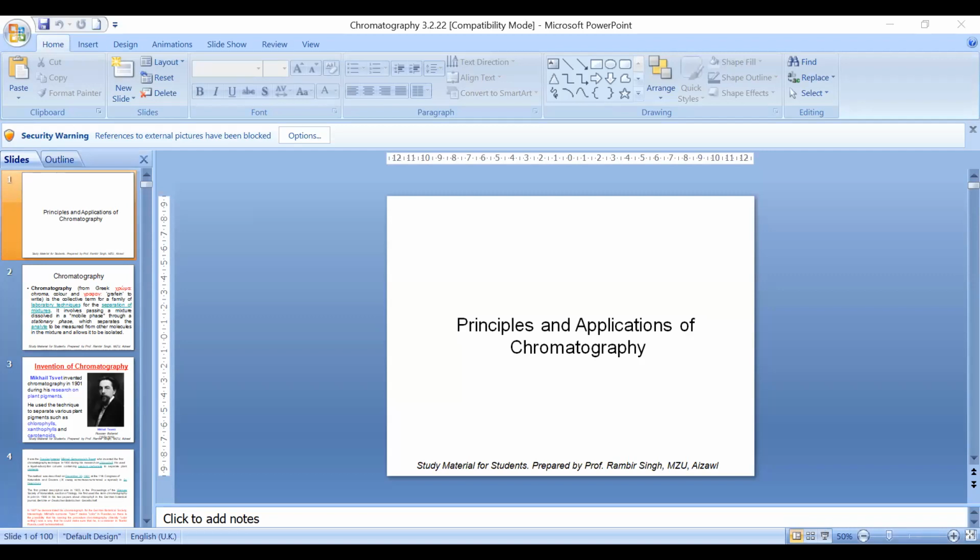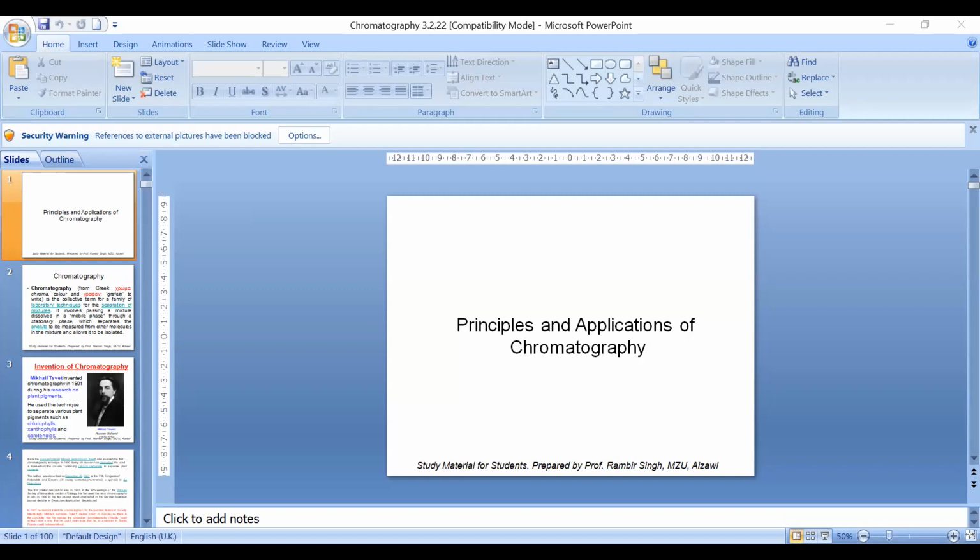Sir, there was a point named retention factor. Can you please explain it to me? So, do you know what retention is? To retain is to hold for a while.